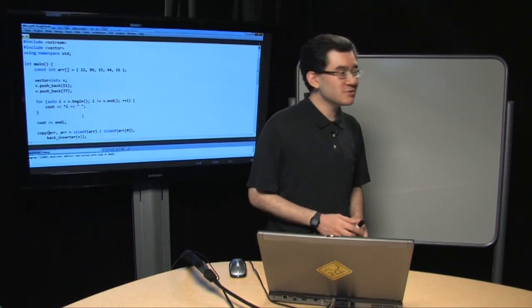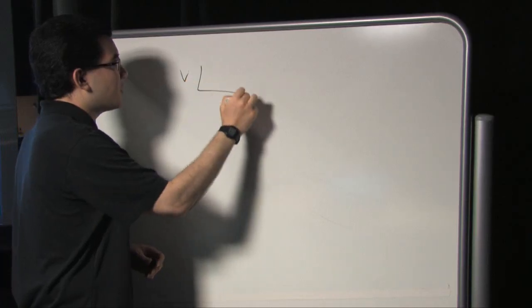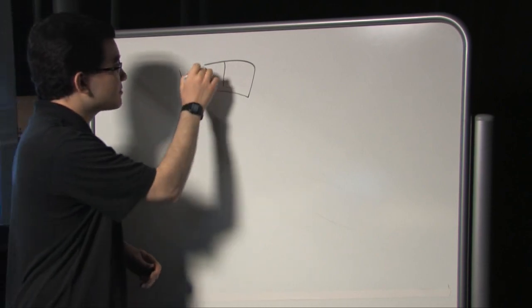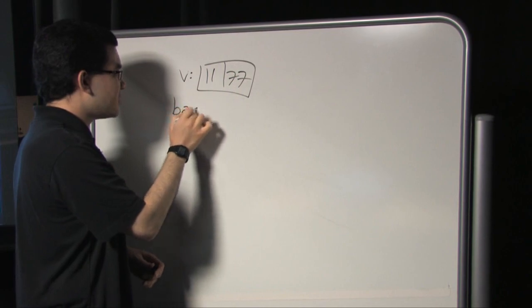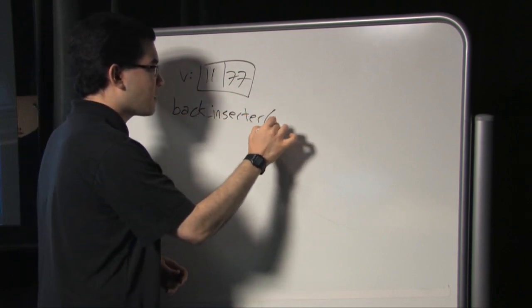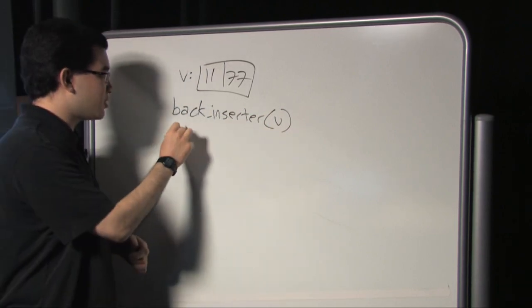So this little call is doing something interesting. v here contains a couple elements to begin with. It contains 11 and 77. And if I say back inserter v, what this gives me is an iterator. It's an insert iterator.